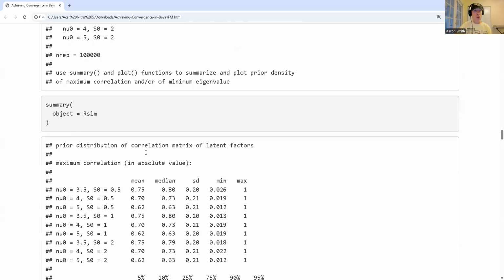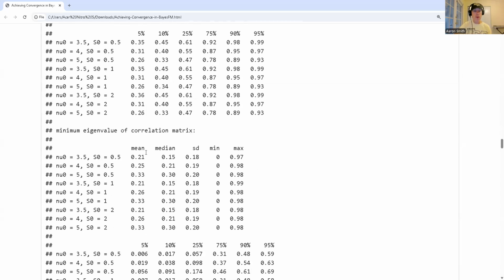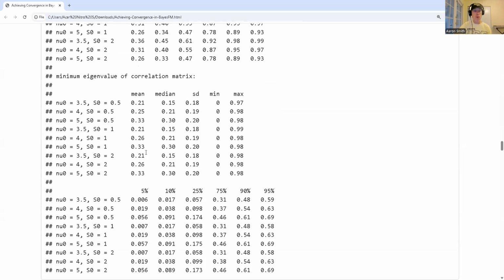First, let's look at the eigenvalue, because that's more important to me personally, that I don't want 0 eigenvalues. To avoid a 0 eigenvalue, I personally want the 5% to be away from 0. When I do that, I notice that, hey, here we go. And then here we go. That's a little bit bigger, and here we go.